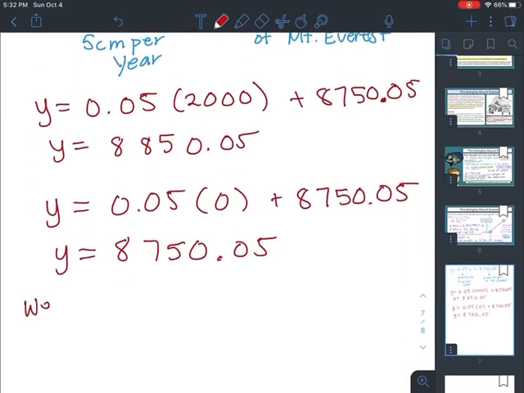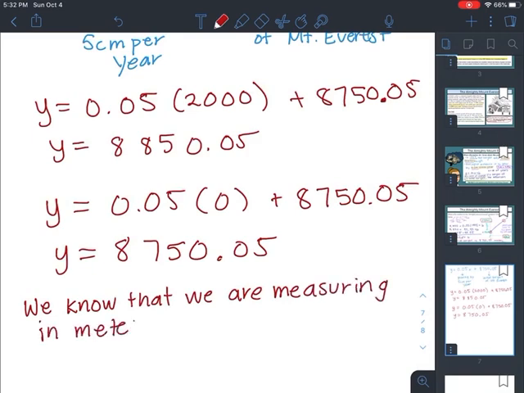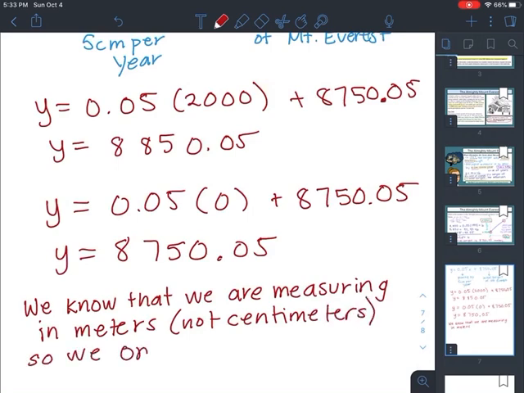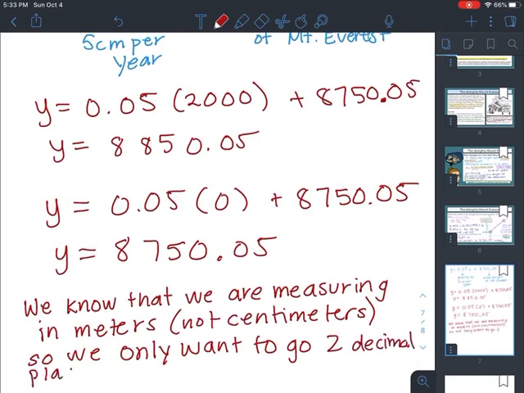So we only want to go to two decimal places to the right.